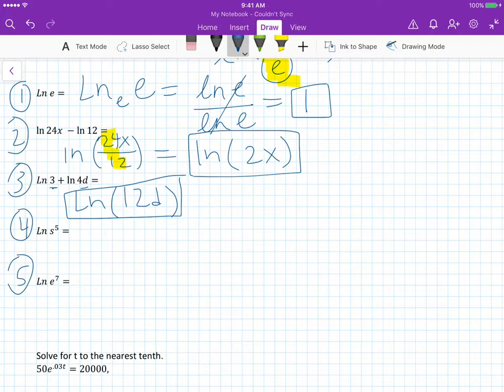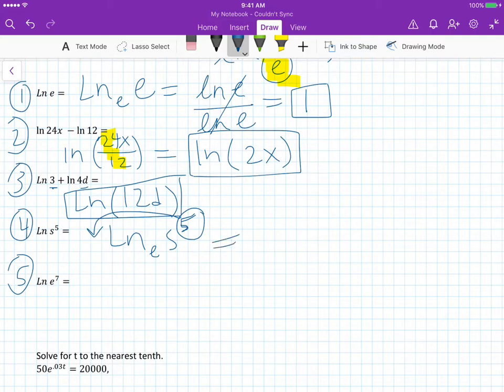The ln of s to the 5th power. Well, remember that the ln of s to the 5th has a base of e. Now, with the power rule, it's the only one we haven't used yet today, the power rule says that I could take this exponent using logarithms and bring it down in front and make it multiply.